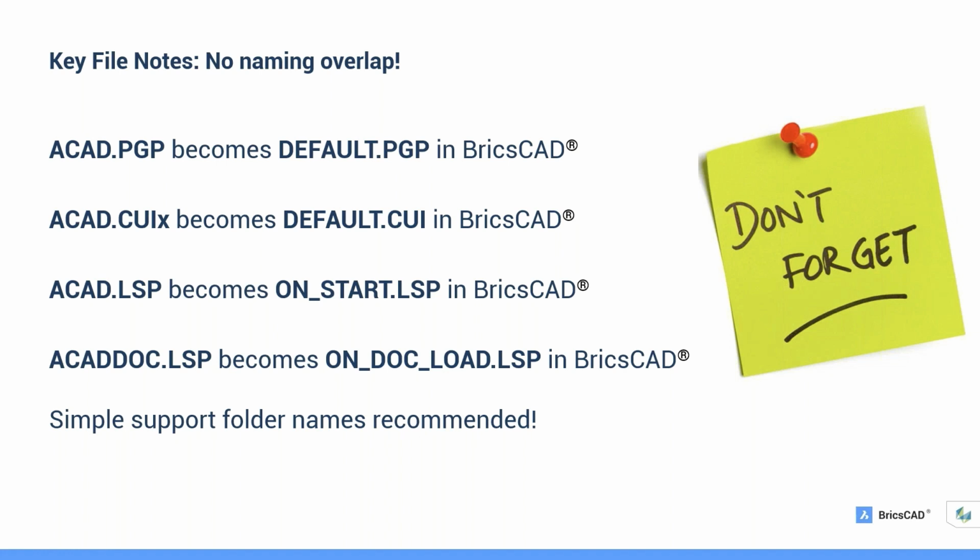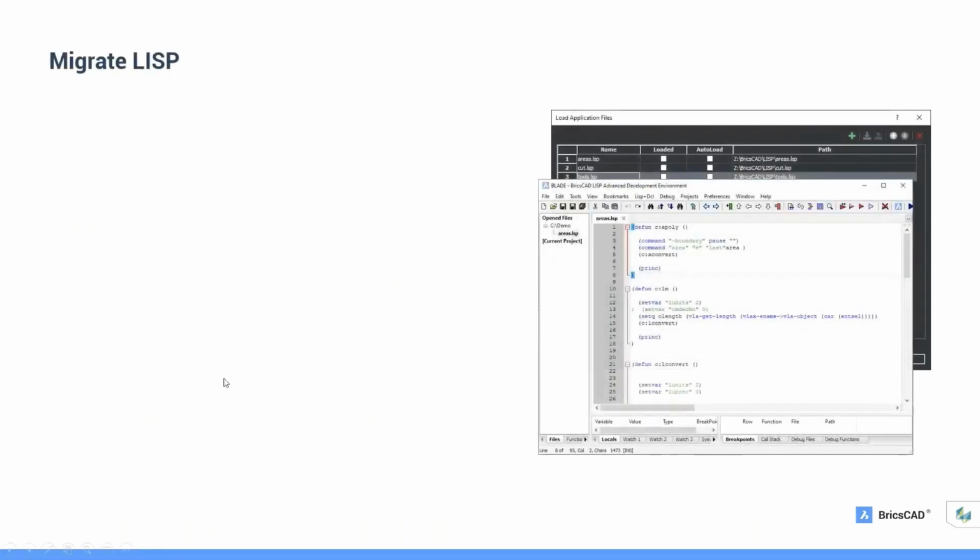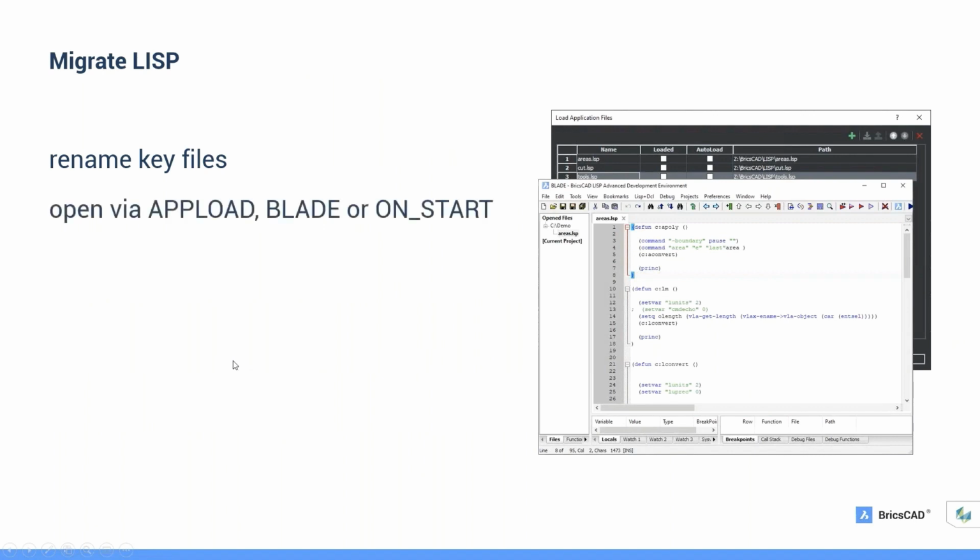By renaming away from that standard, we not only get no file collisions, but we sidestep that problem as well. So those are some of the reasons why we have a few default file names. When we migrate the LISP, we're going to have to do a rename. I want to show you how you can load and look and examine your code.